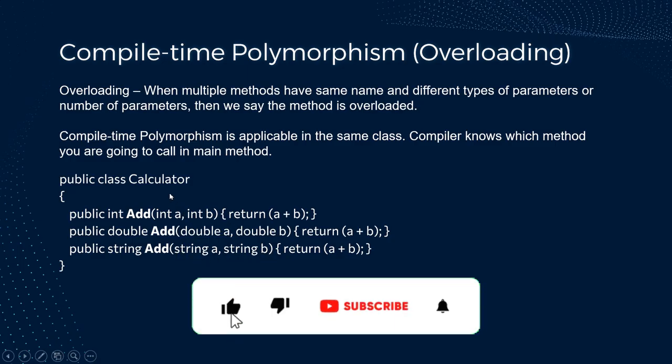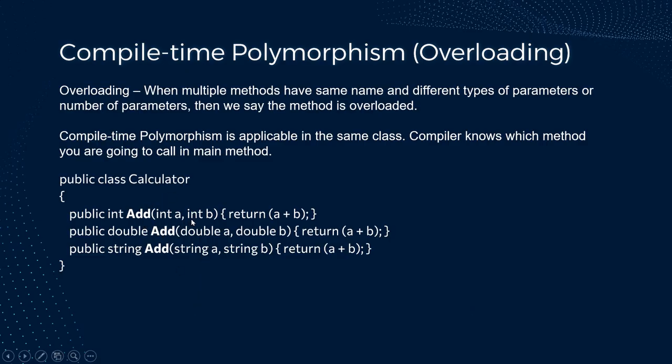So we can say in this Calculator class the Add method is overloaded. Why? Because we are passing different types of parameters, or you can say a different number of parameters. Although here there are two parameters for each Add method, the number of parameters can increase. So that is method overloading.